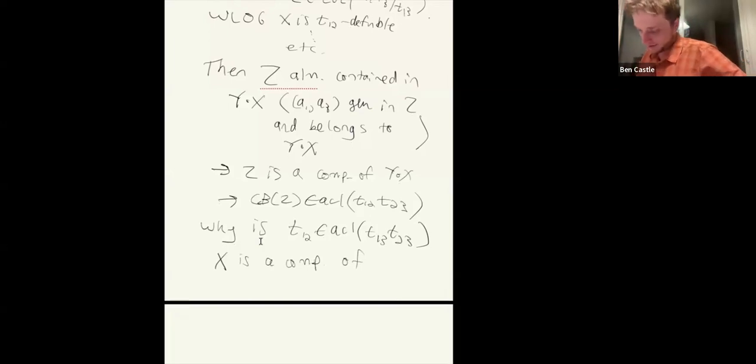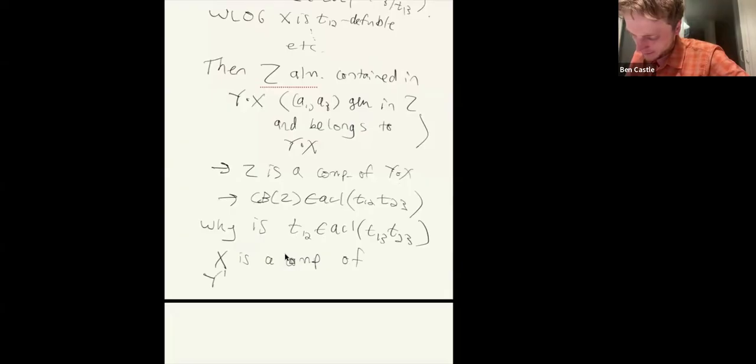I'm going to try to make sure I get this right. X is a component of, I believe, Y inverse Z. Yeah, of Y inverse composed with Z.